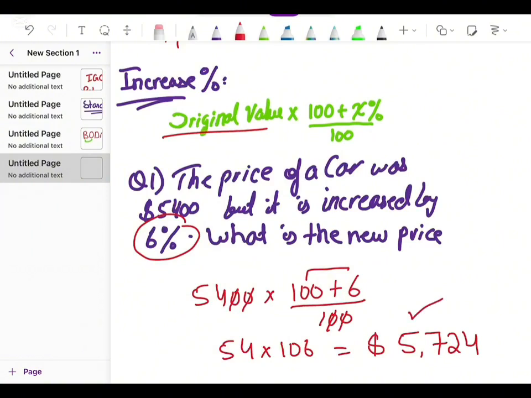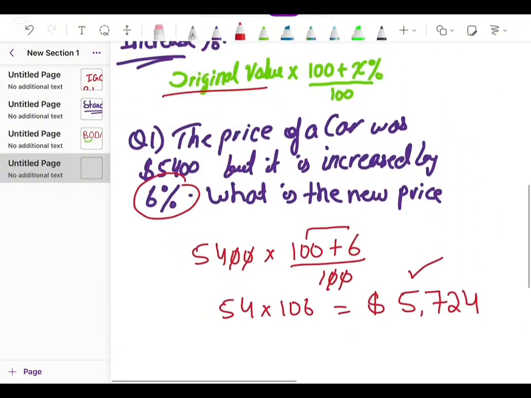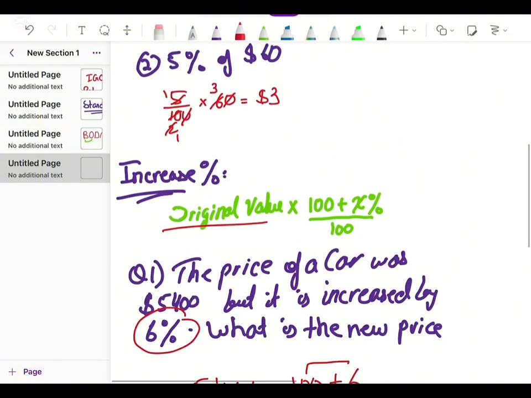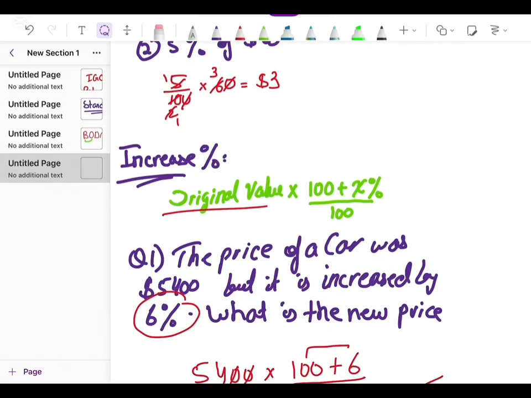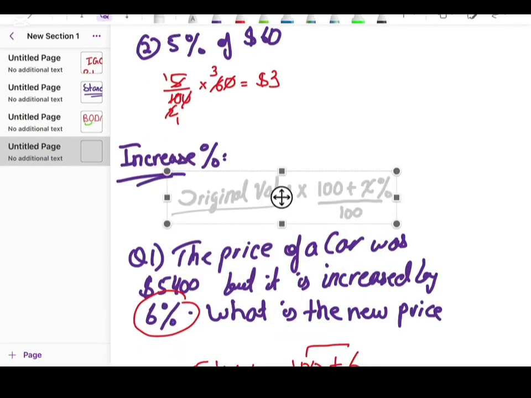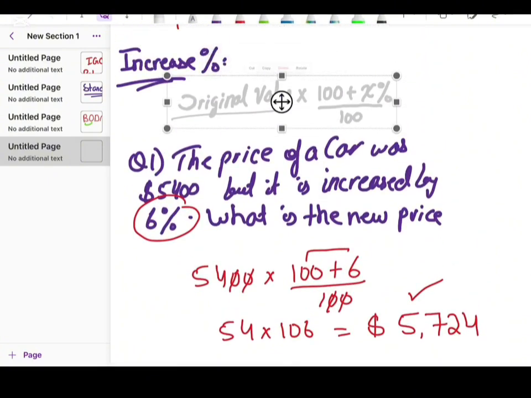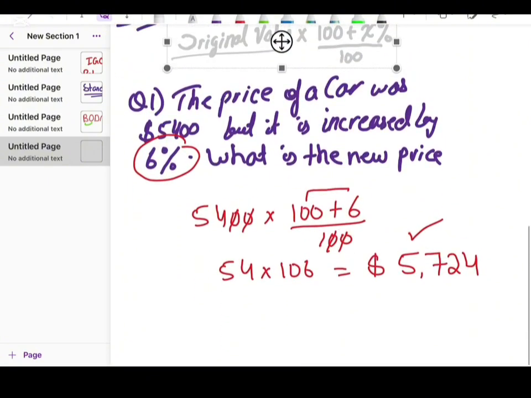So when there is a question in which the percentage is increasing of anything, we will apply this formula. Now we have a decreasing formula as well. You will apply exactly the same formula, just one change: in decreasing it is subtraction.